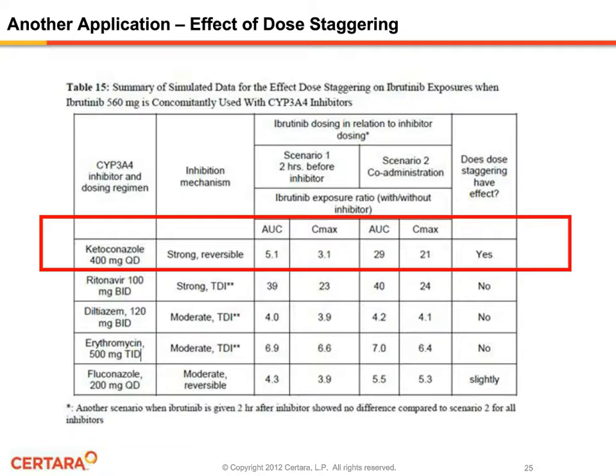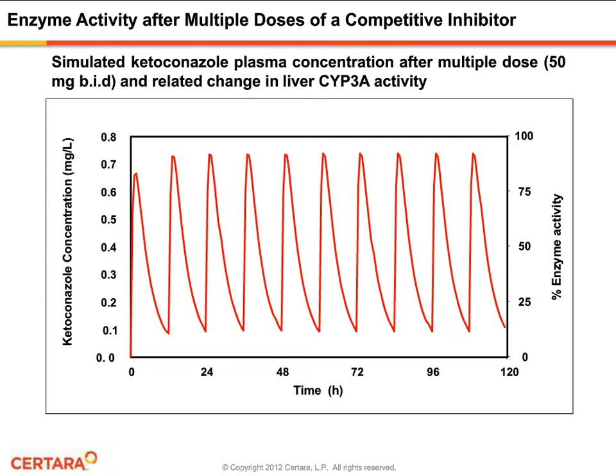But obviously, this is the worst case scenario here, and that can be shown on this next slide. If we have a look at the enzyme activity after multiple doses of competitive inhibitor, you can see that this is a change in the ketoconazole here with time.